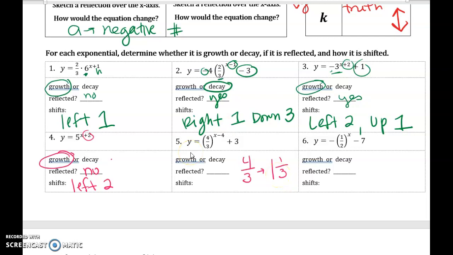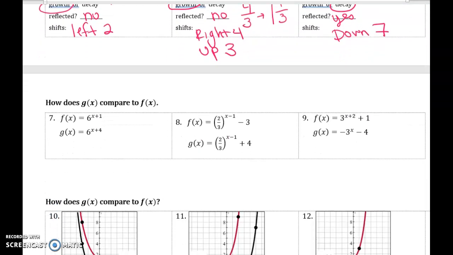How many of you got that? I'm impressed if you did. So this is a growth. It is not reflected, and its shifts are right 4 and up 3. Number 6 is a decay. It's reflected because that is negative, and my only shift is down 7. How'd you do? If you struggled, make sure you reach out and ask some questions.